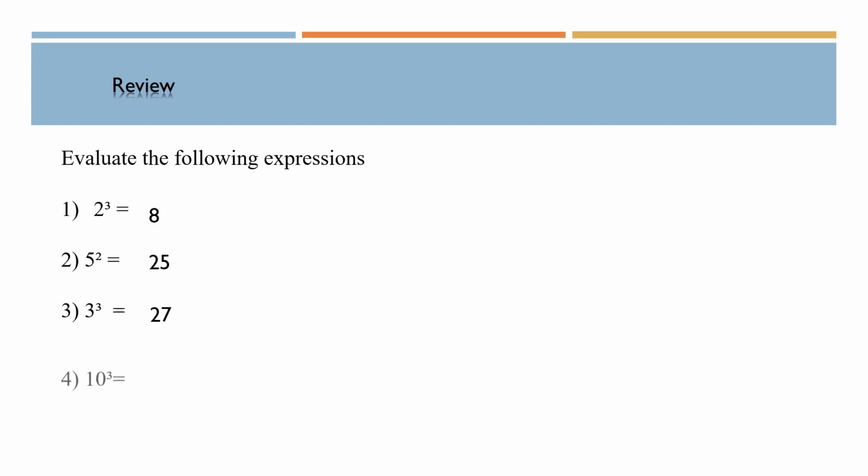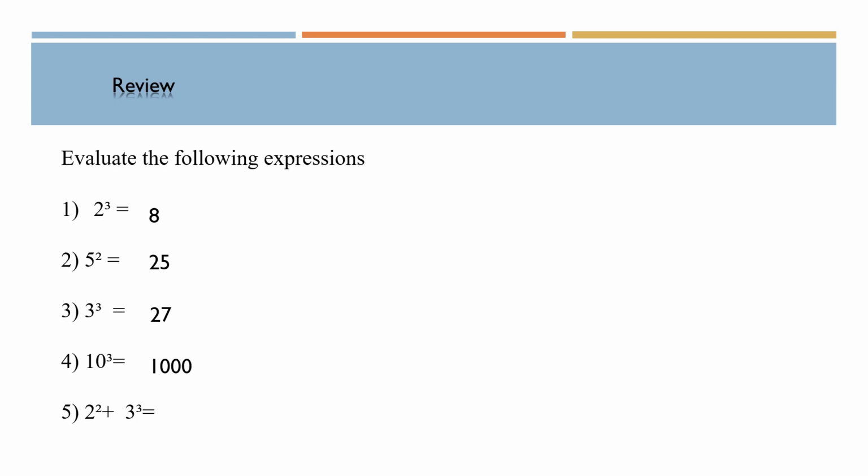Let's have number 4, 10 cubed. 10 times 10 equals 100. 100 times 10 equals 1,000. Good job, children. And the last, number 5: 2 squared plus 3 cubed.